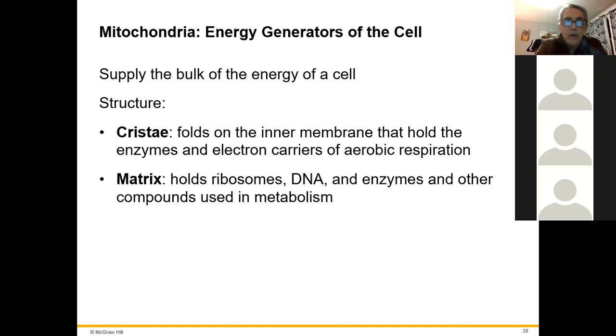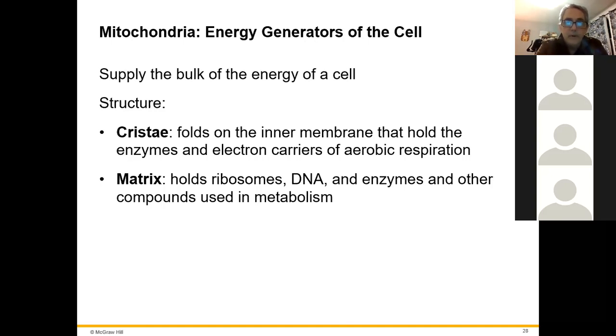We'll talk about that in our next section about bacterial metabolism. It has two notable structures, the cristae, which folds in the inner membrane. This holds the enzymes and electron carriers for aerobic respiration. And then the matrix area.